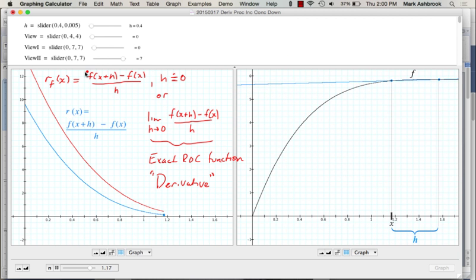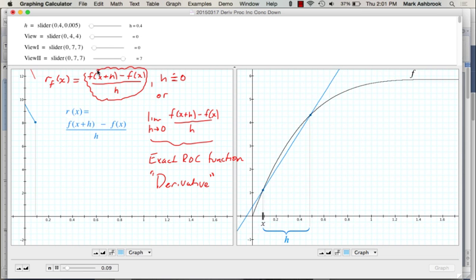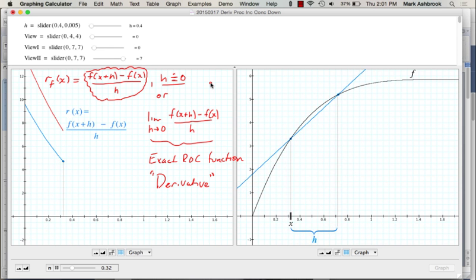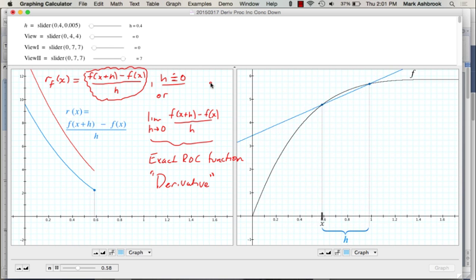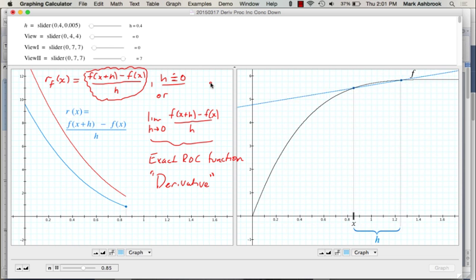A derivative is an average rate of change, just for a very small value of h. That's what a derivative is. It's the average rate of change. It's the constant rate that gives you the same change in y for the same change in x. And if you make h small enough, then that is the exact rate of change.